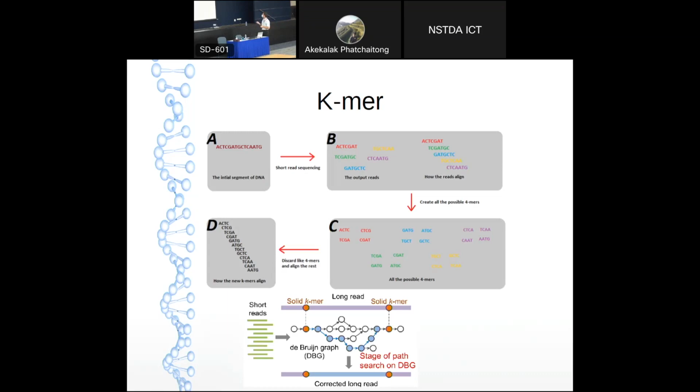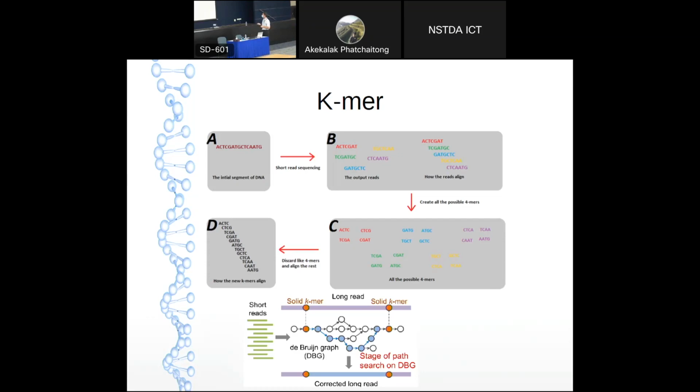And so then each of these k-mers are aligned, which produces this De Bruijn graph here. You can see k-mers that have one in and one out in the graph are used to essentially scaffold the rest of the k-mers.